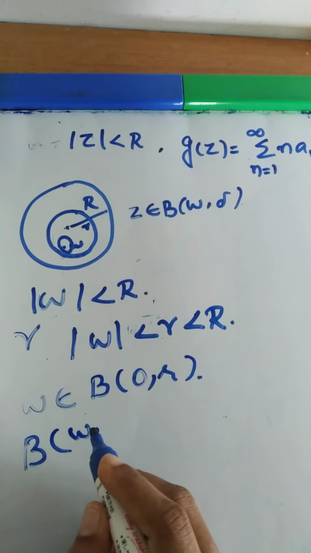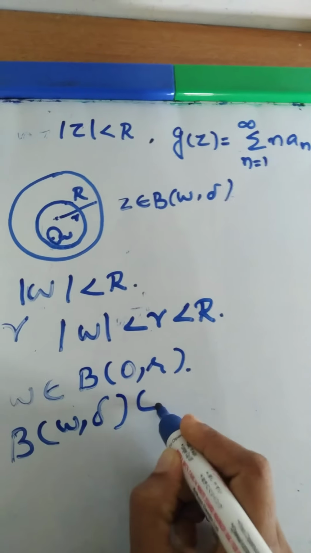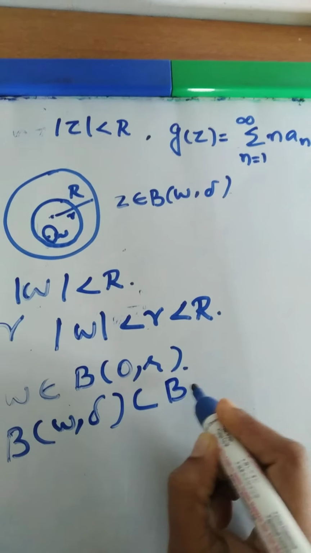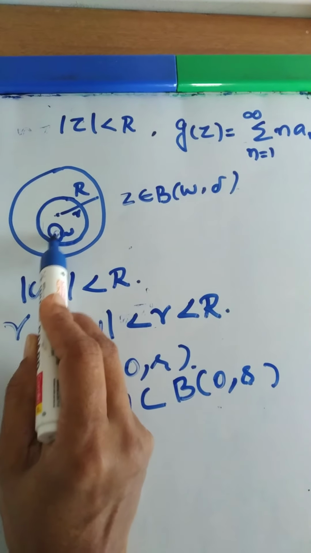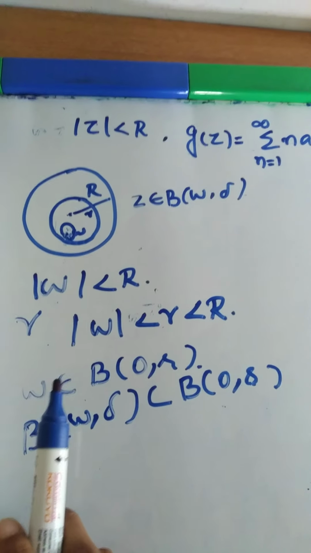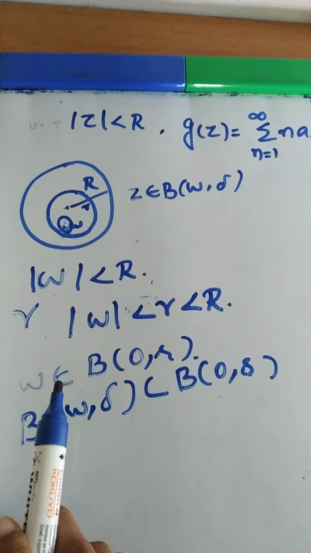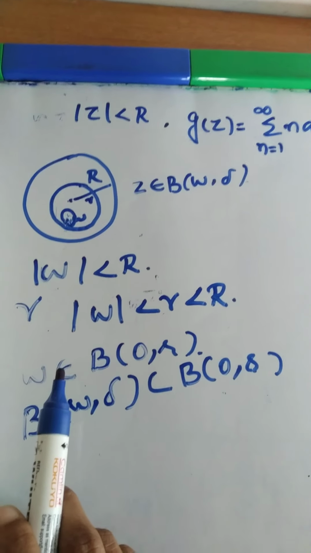Let me take the radius of that circle as delta. BW delta is contained in B0R. So you take this circle with center W and radius delta in such a way that the circle is contained in the circle with the center at origin and radius small r.